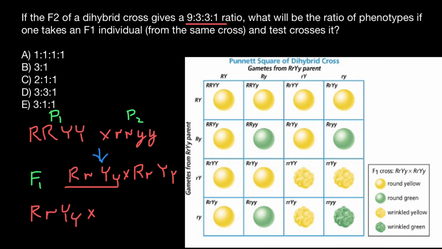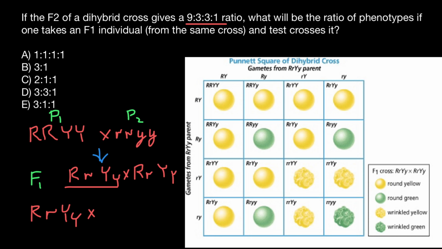What is a test cross? When one parent shows a dominant phenotype, but we don't know whether this parent has two dominant alleles for one trait and two dominant alleles for the second trait, or maybe it is heterozygous. So how do we find it?